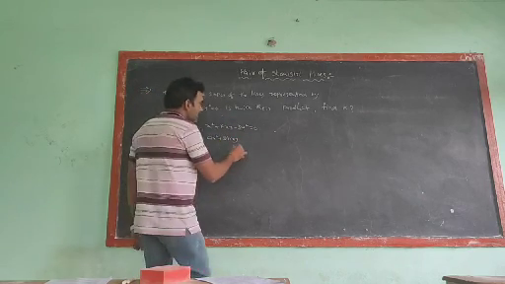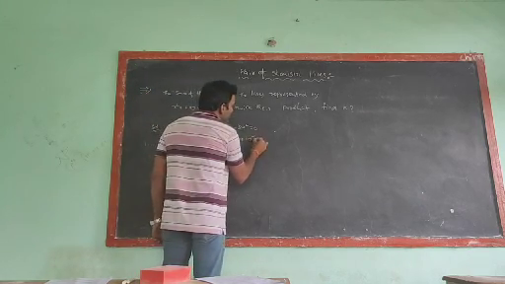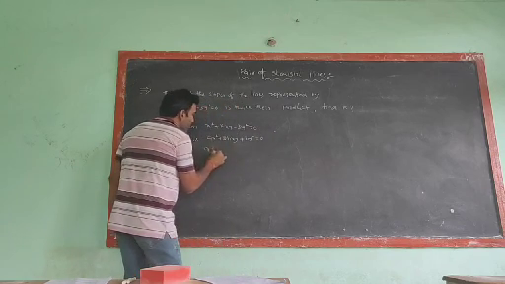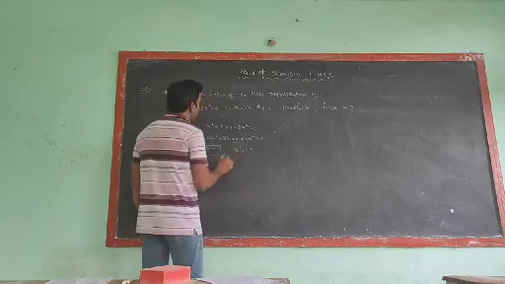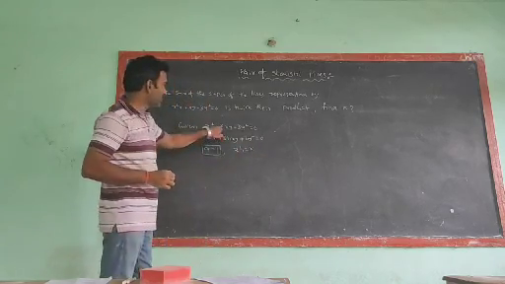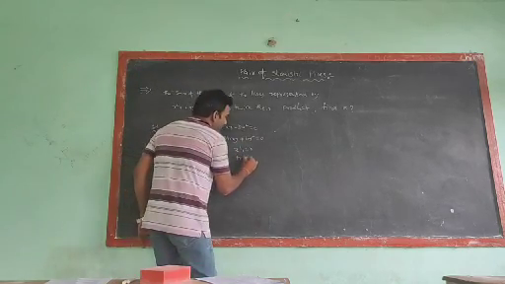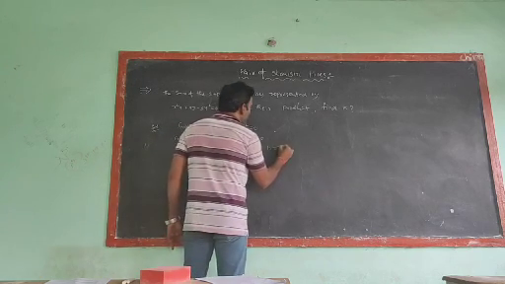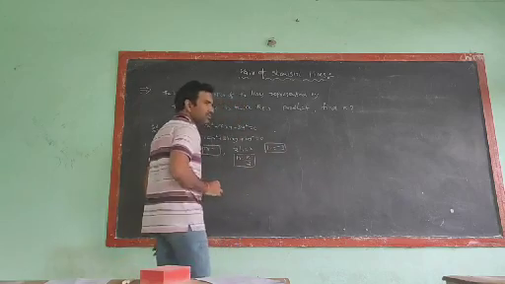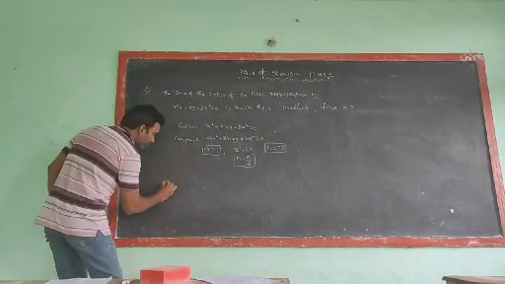If we have that clarity, then problems become easy. a equal to 1. Next, 2h equal to k, so h equal to k by 2, and b equal to minus 3. These are the three values from the problem.